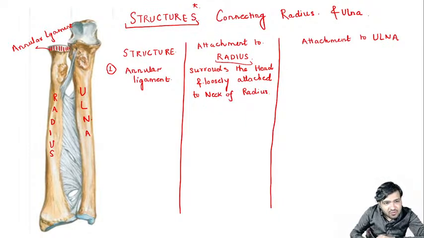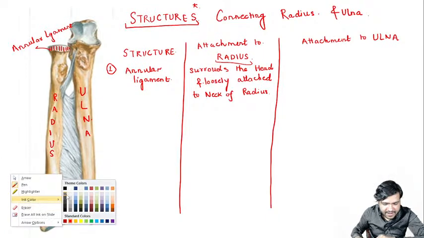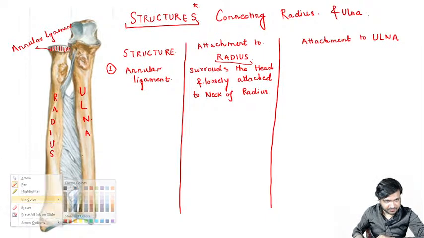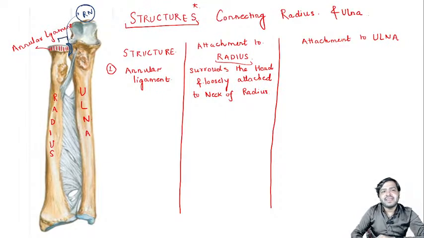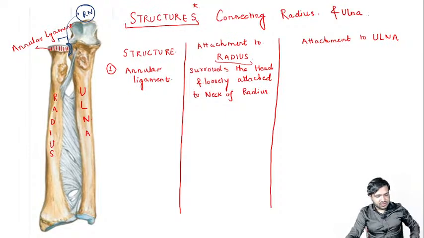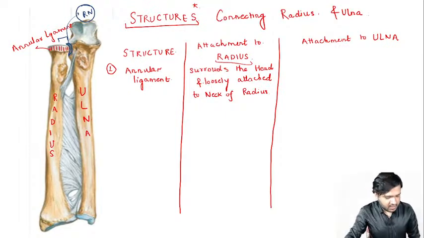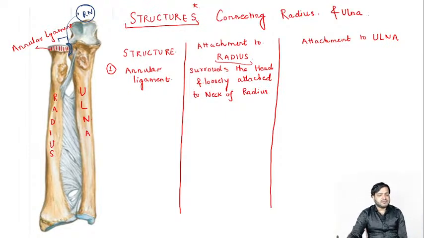Now remember guys, over here on the ulna side you will find the radial notch. Okay, this structure is the radial notch. So it is attached to the radial notch also. Now can anyone tell me the name of the joint over here?